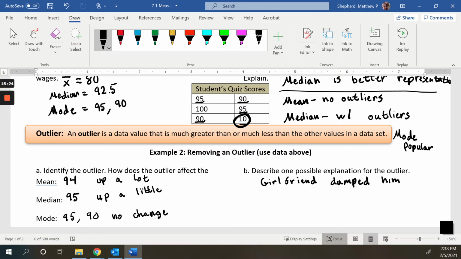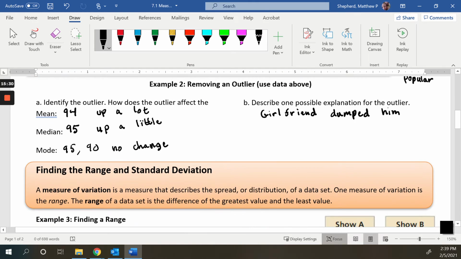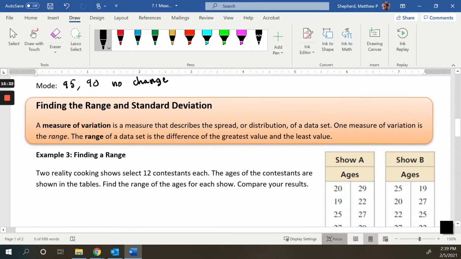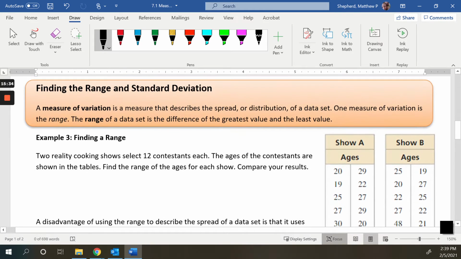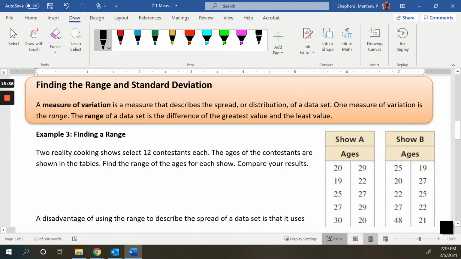And so for that reason that week, he didn't do well on his test. But there could be other explanations. But that's just it. An outlier can many times be explained by an odd situation. Something not normal caused this variation to happen.